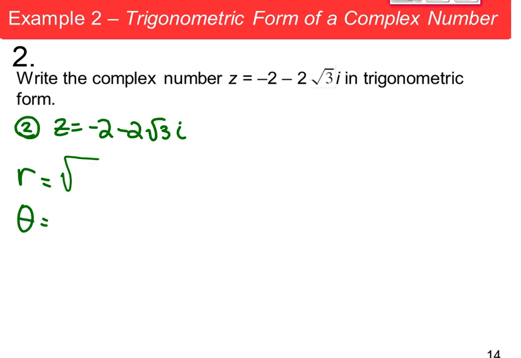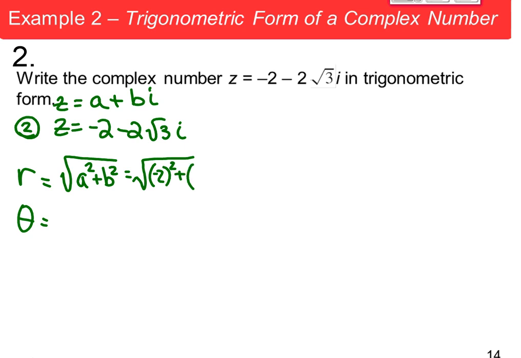R is the square root of a squared plus b squared, and I'll just remind you this is z equals a plus bi. So a in this case is -2. So this is going to be the square root of -2 in parentheses squared plus, and then b is -2 the square root of 3, in parentheses squared.